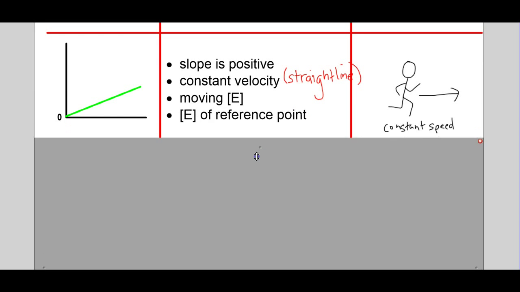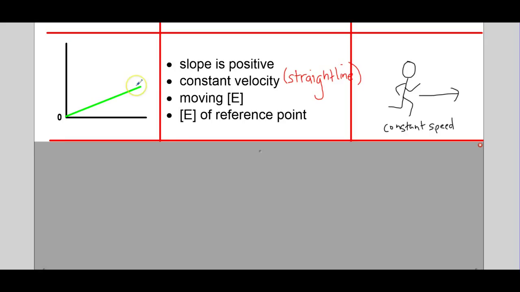Okay, and now we've got a line with a slope, right? There's some steepness to it. As we move to the right, it's increasing. It's above the x-axis, so we can say it's east of a reference point. And if we can calculate the slope of a line, no matter what its steepness is, we can say that it has a velocity.